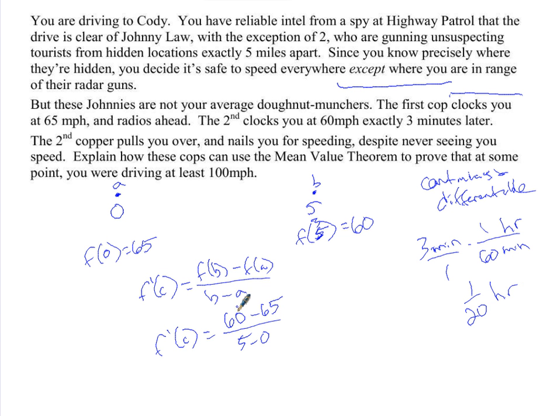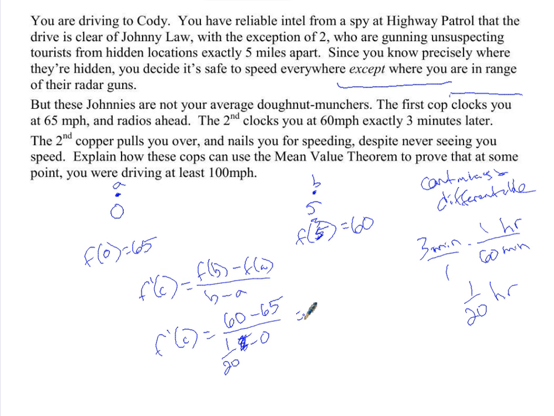So we have f of b, which is 60 minus 65 over 1/20 minus 0. And we get negative 100.